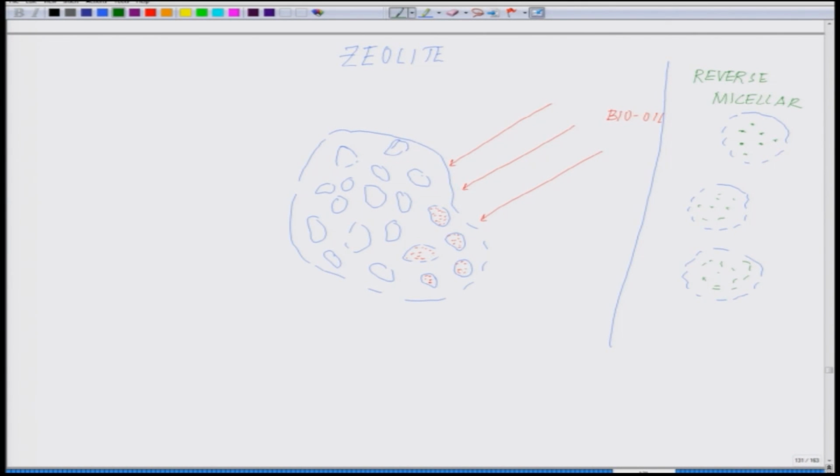Following the same analogy, out here your oil molecules are getting trapped in it, and there are some bigger ones, some smaller ones. And now we expose this to high temperature and high pressure.